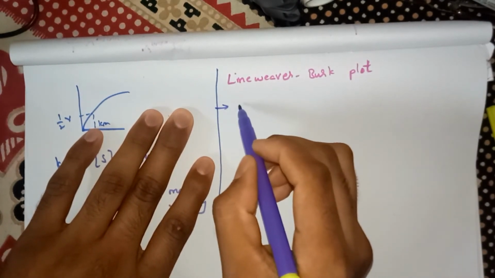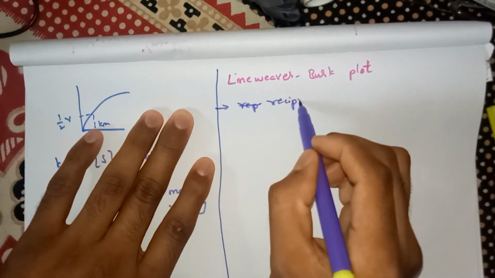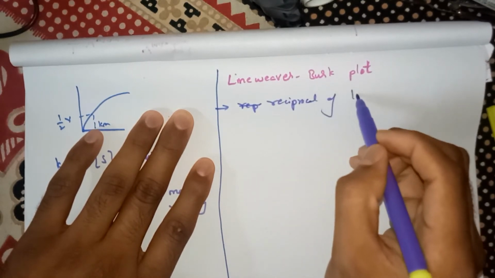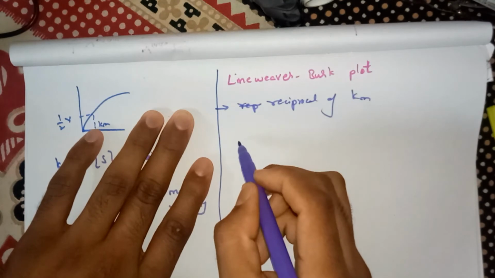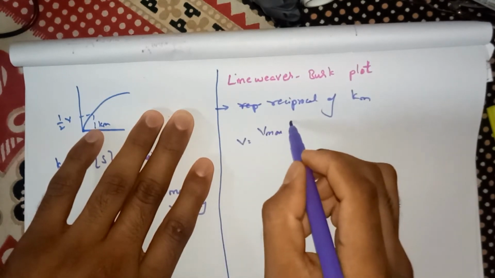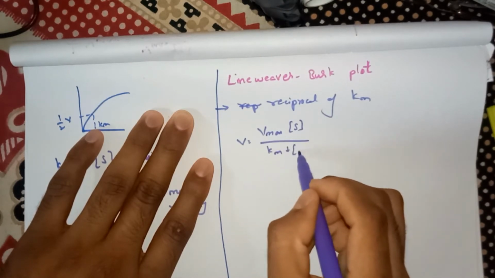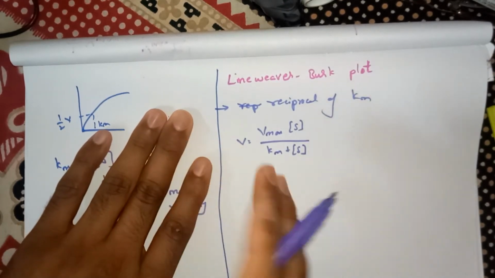This plot is the reciprocal of Michaelis-Menten's equation. What was the equation that we got? V is equal to Vmax into substrate by Km plus S. This was the equation that we had in the beginning.